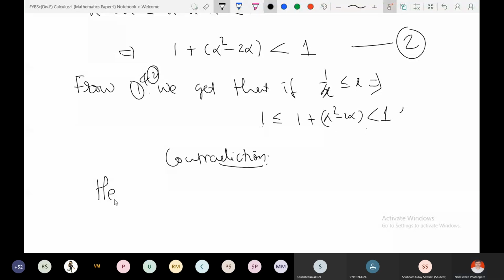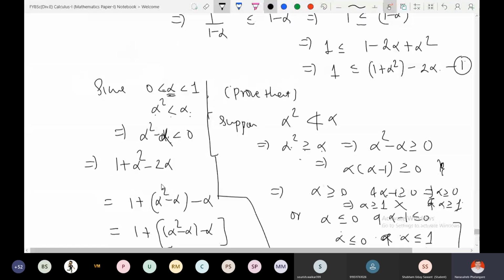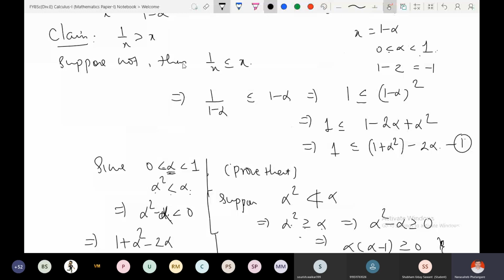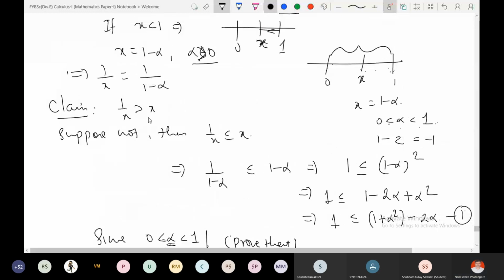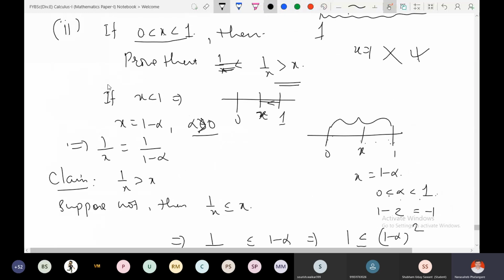Hence, our assumption. What was our assumption? Our assumption that 1 by x is less than or equal to x is false. For which case are we discussing? 0 to 1.